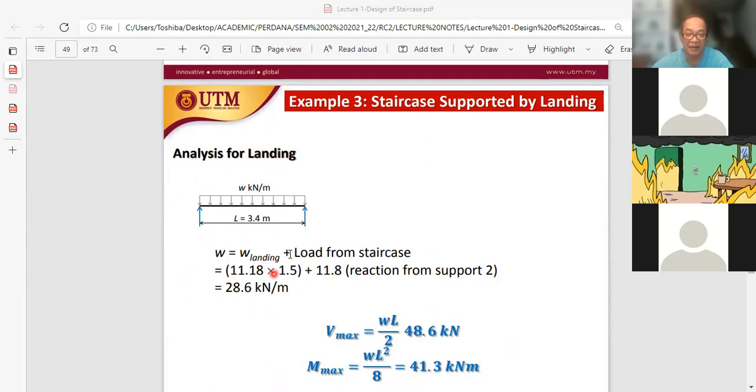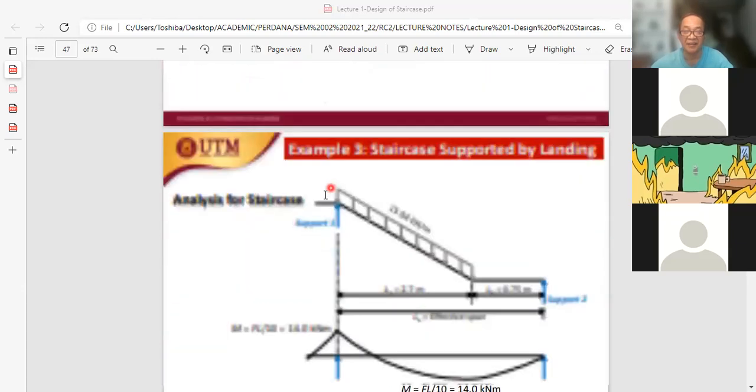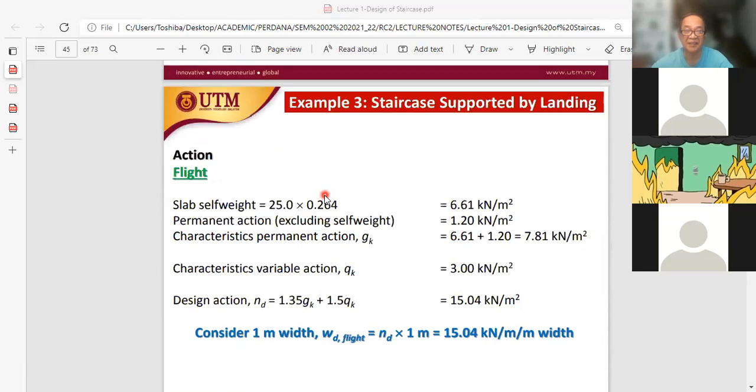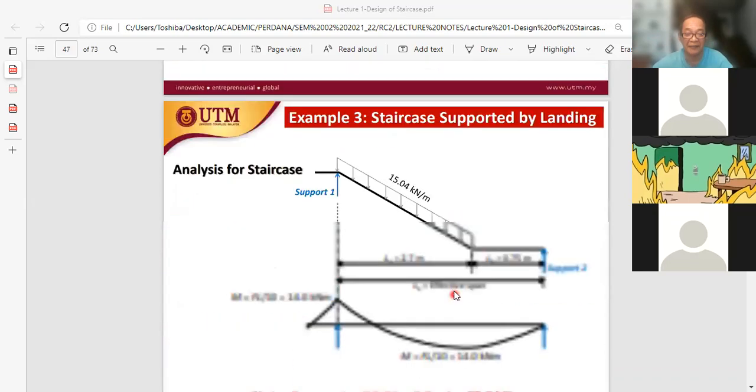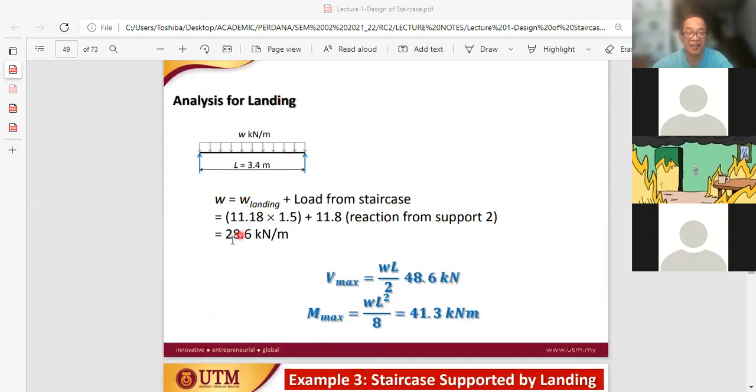To get the loading on the landing, if we look here: self weight 3.75, then finishes 1.2, total GK 4.95, total QK given as 3, total design load 11.18 kilonewton per meter width. So this value is now 11.18.